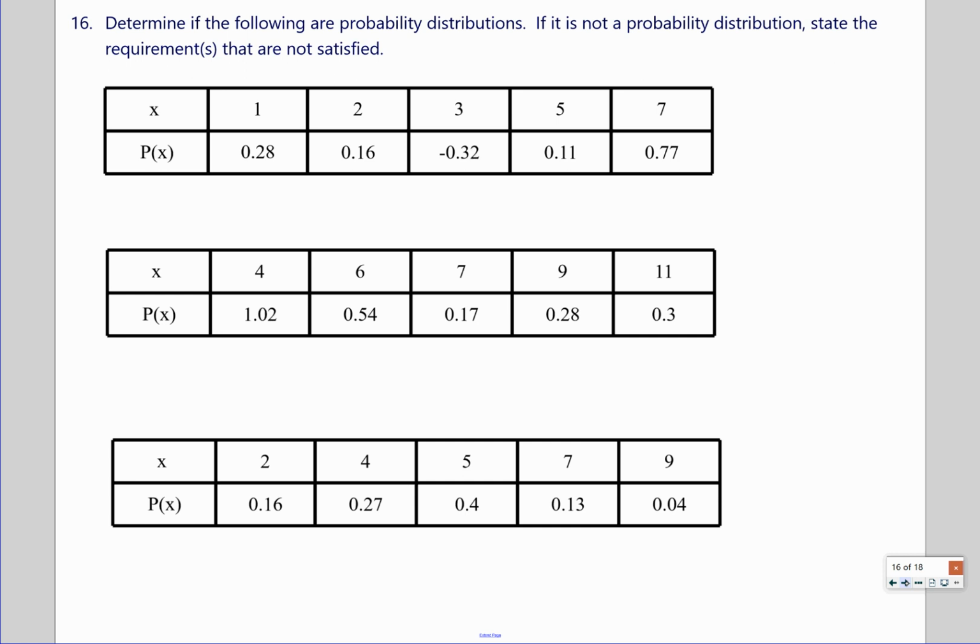So what do you guys think about that first table? It's a no, why not? Okay, so you could always explain that. Got a value less than 0. What about the middle one? No. Also a no. We've got a value bigger than 1. And the last one, it looks like all of my probabilities are good. Let's go ahead and add them up.